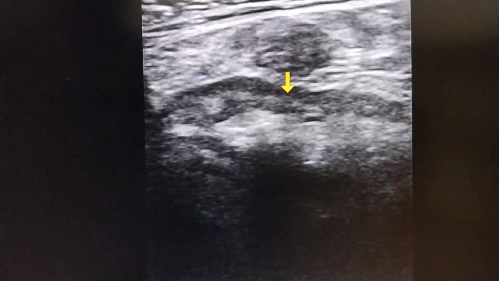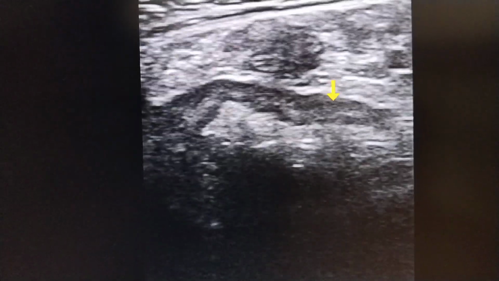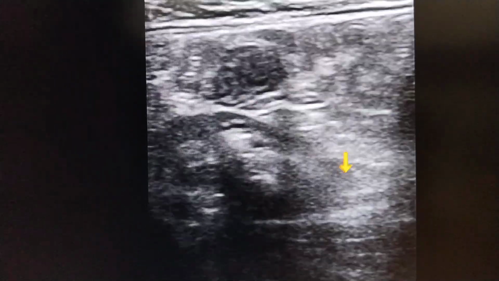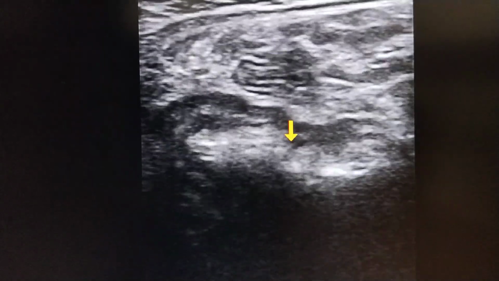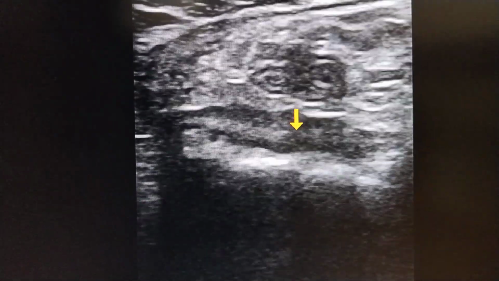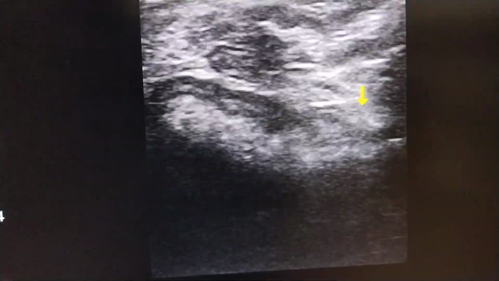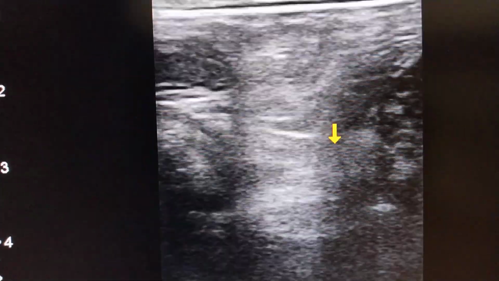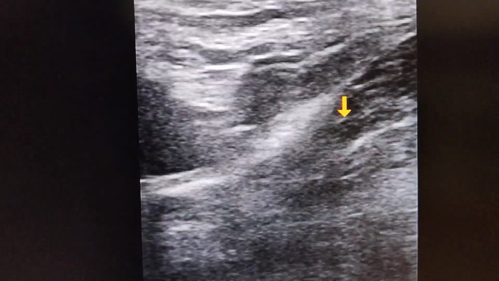However, the wall is also thick. Still, we can't differentiate the layers of the bowel wall. Now I have reached the distal ileum, terminal ileum.